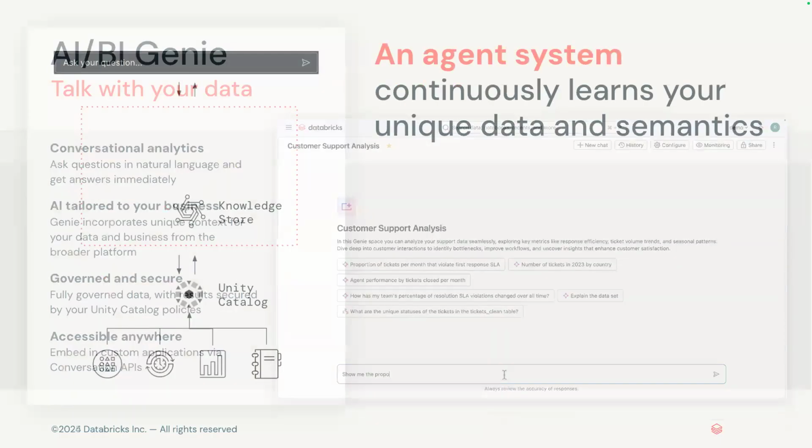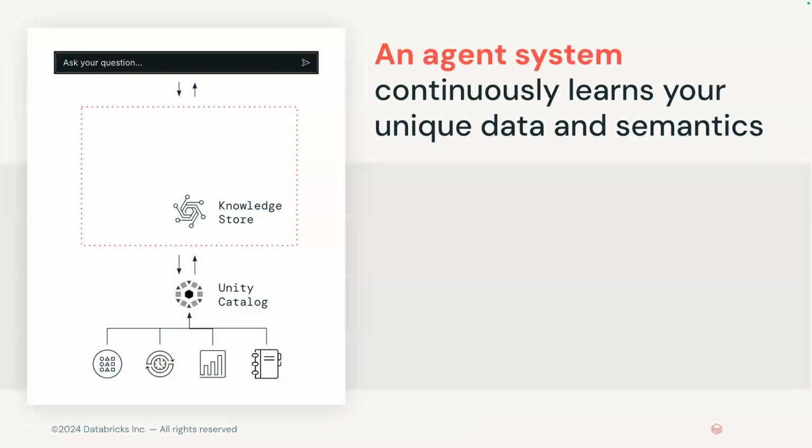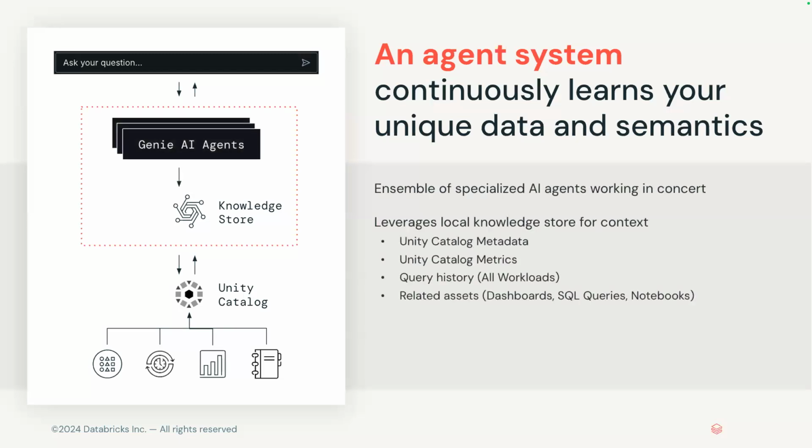So what is Genie under the hood, right? The simplest way to think about it is that it is a combination of large language models and specialized agents that accomplish the task of converting a question that you ask in natural language to a SQL query that then runs that query. So the agent component is what's doing that text to SQL translation.